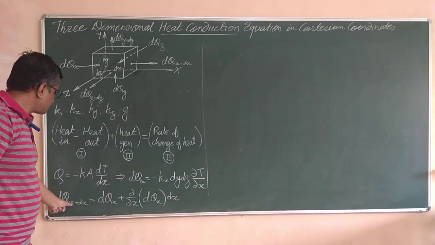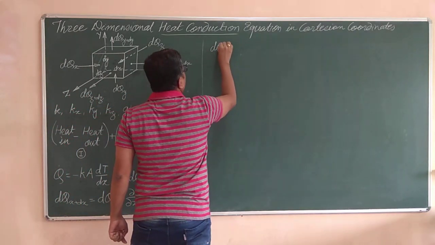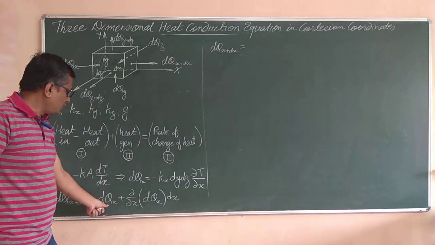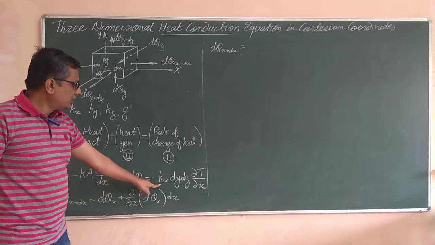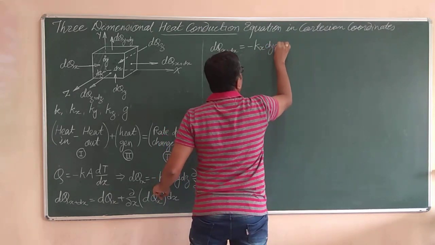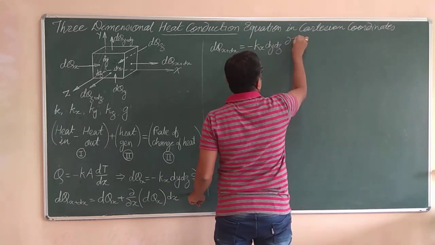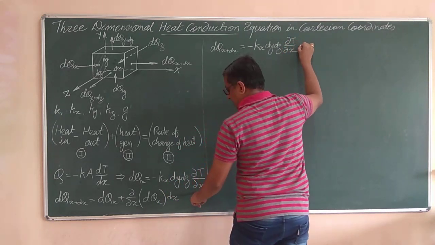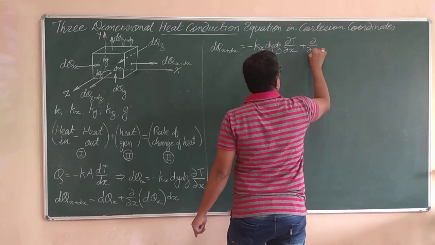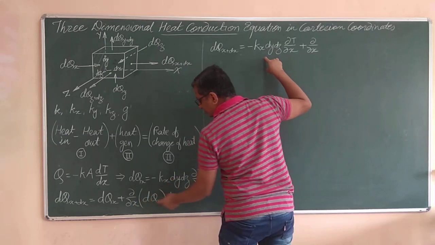So if I take down dq(x+dx), look at this, what I am going to take down. The first term dqx as it is, that we have already found, is equal to minus kx into dy dz into ∂T by ∂x, then plus ∂/∂x of the same term, the rate of change of dqx with respect to x, over the distance of dx.